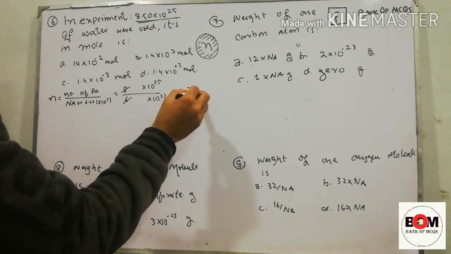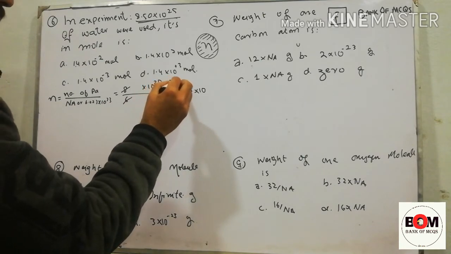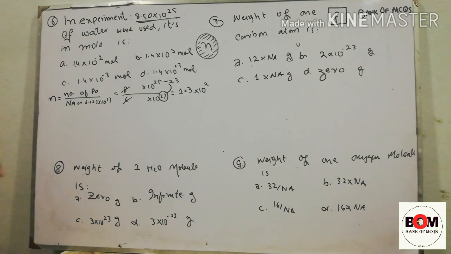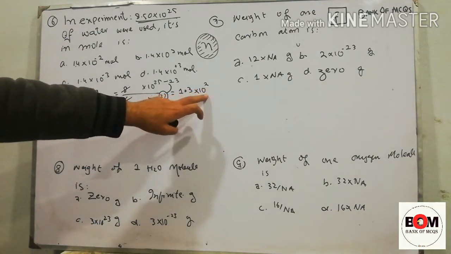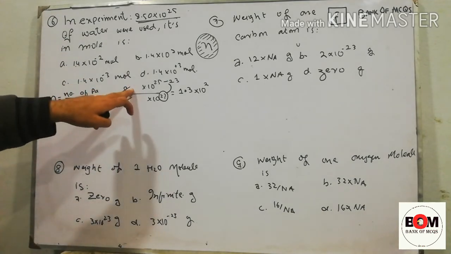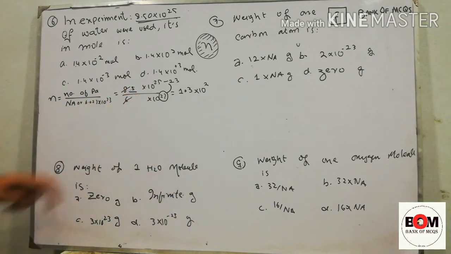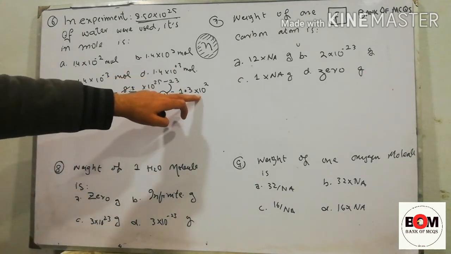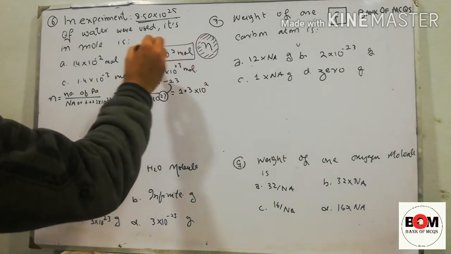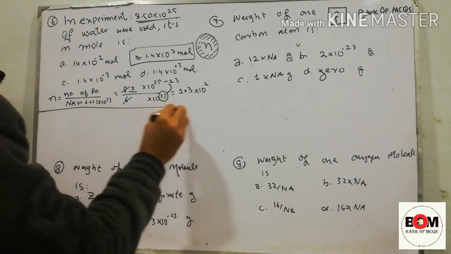So 1.3 × 10^25, and the 10^23 goes upward, so it becomes minus 23, and we again multiply 10 raised to the power 2. So we get 1.3 × 10^2. As there is no 1.3, we will choose 1.4 because we have ignored the terms after 0.5 here. So 1.4 × 10^2 is the correct answer, which is option B.